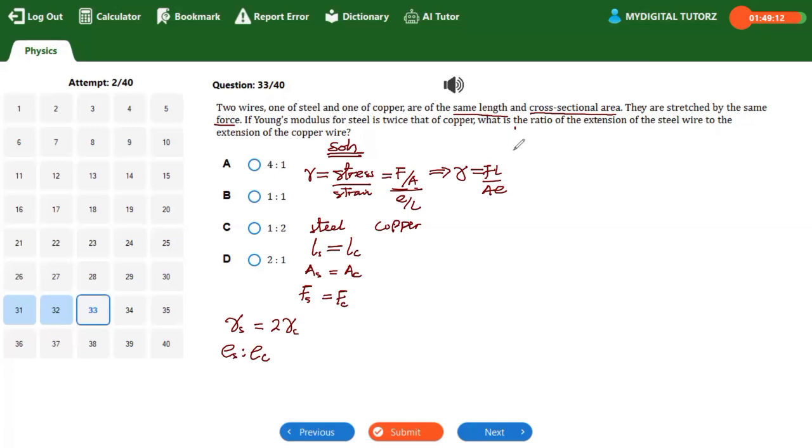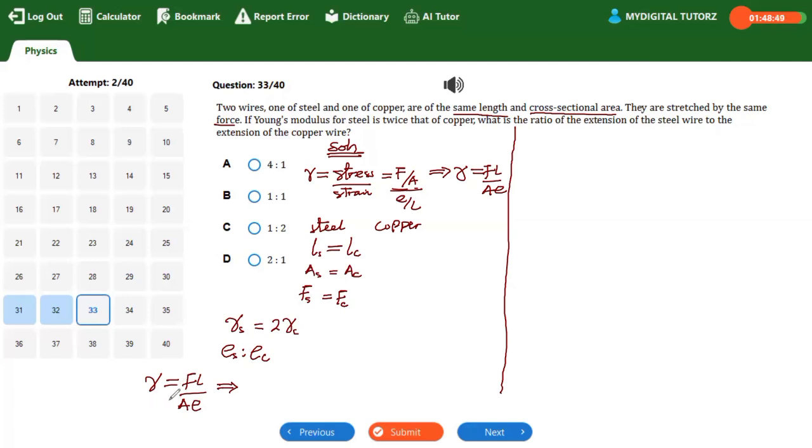We have Young modulus is equal to FL all over AE. Since we are looking for the ratio of E, that is our concern, we make E subject of the formula from this relationship.